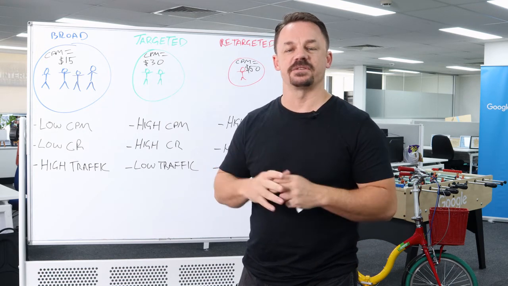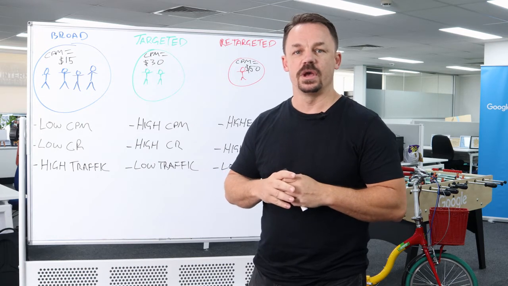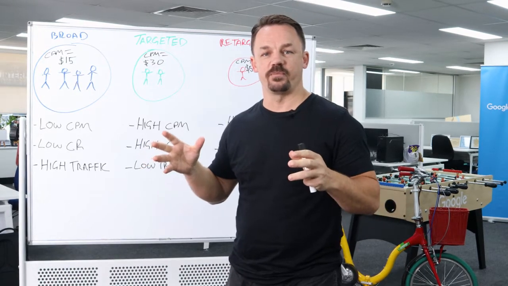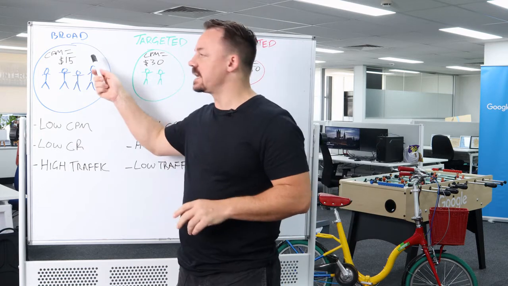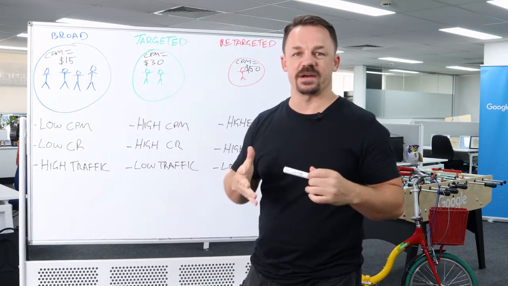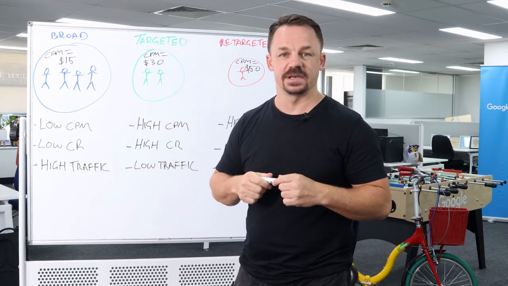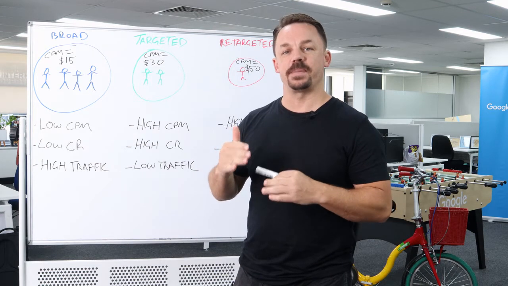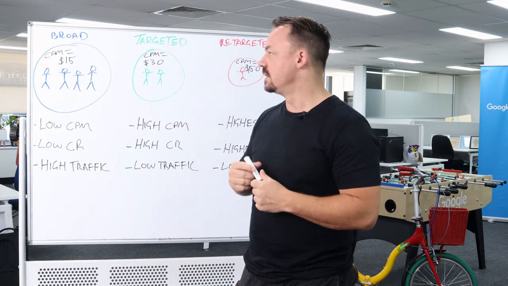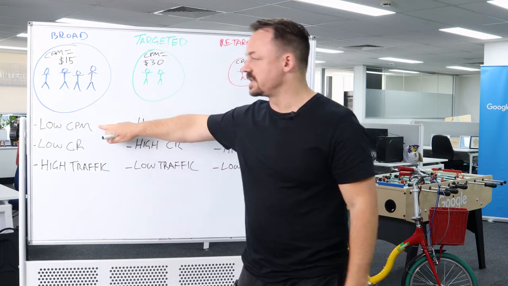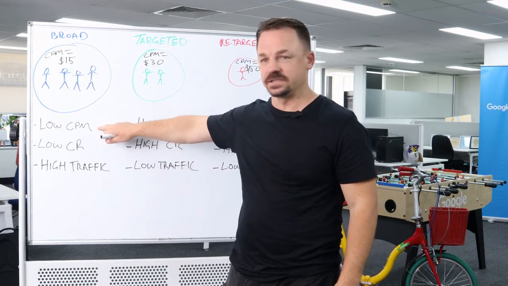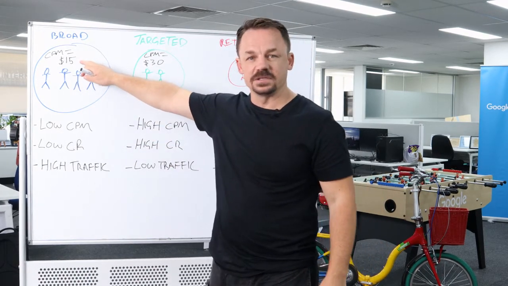And because you're telling Facebook that they can show your ads to a wider range of people, you're actually going to get a much cheaper CPM. It's going to be down at around about $15 per 1,000 impressions. That will vary again based on how successful your ad is. So with a broad audience, you do get low CPMs, low cost per 1,000 impressions of maybe around about $15.